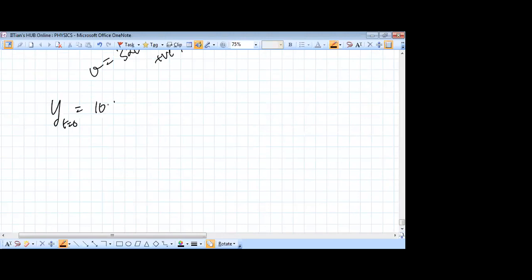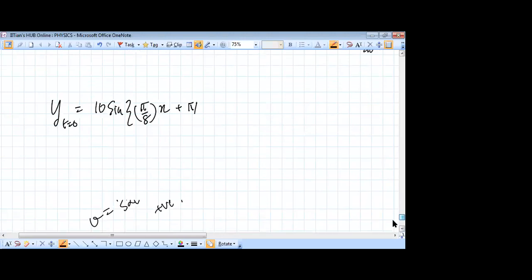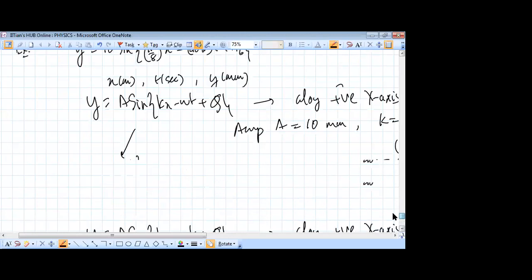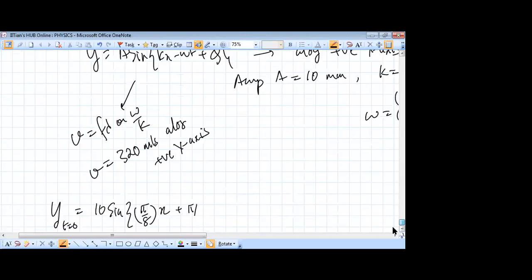So it is 10 sin(pi by 8 x plus whatever that phase constant was, pi by 6).